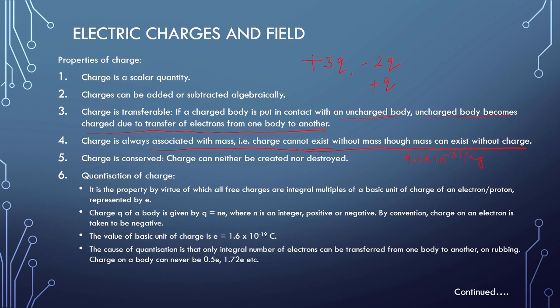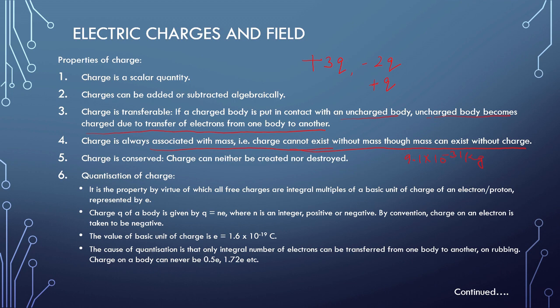And the 6th property is quantization of charge, which is a very, very important property. It is the property by virtue of which all free charges are integral multiples of a basic unit of charge, the charge on an electron or proton, represented by e.